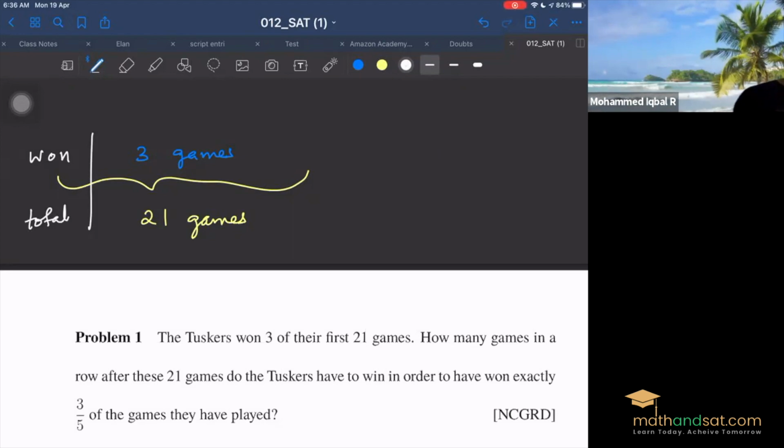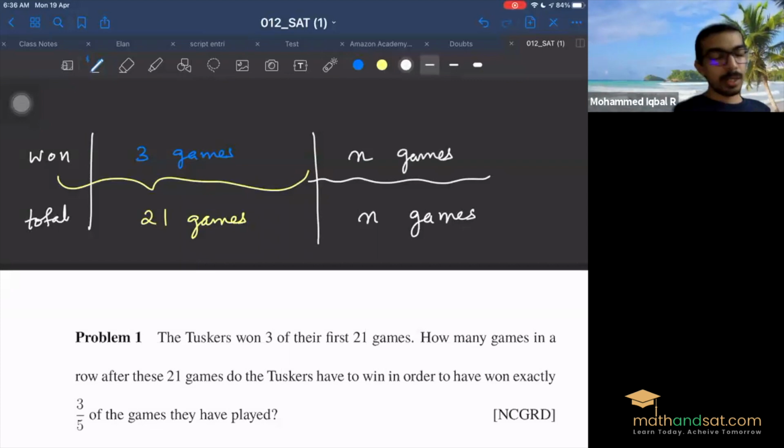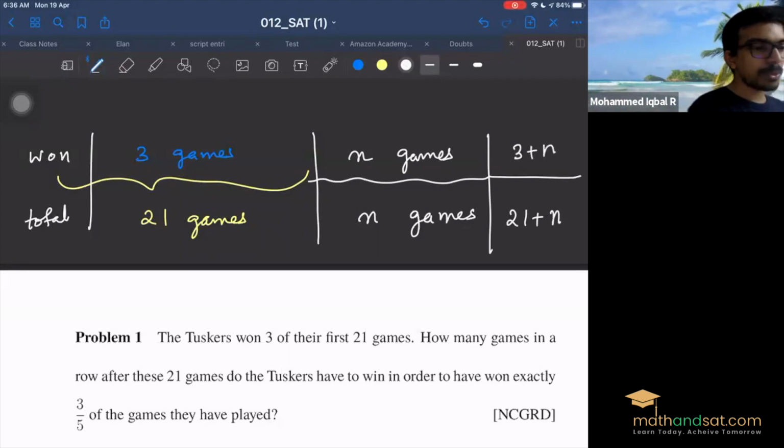So let us assume that they're going to play n more games, and they're going to win all of them. So altogether, they would have played 21 plus n games and they would have won 3 plus n games.